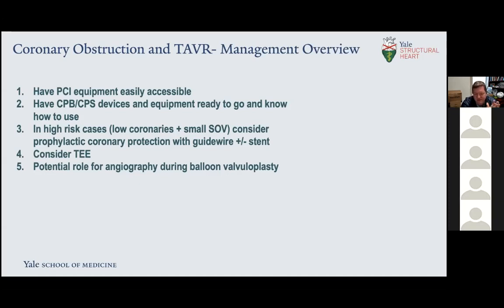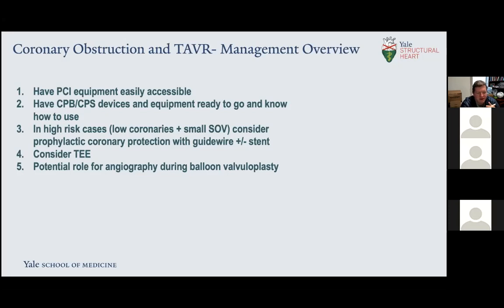With the balloon inflated, as you can think about it, you've pushed the aortic leaflets out to the side. And certainly there are instances where when you do that and you take an angiogram in the aorta, you see that you obstruct flow down the coronaries. That's a situation where you're not going to want to proceed forward with your TAVR.